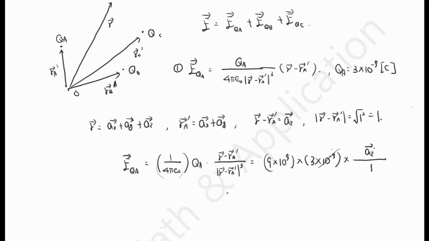The magnitude is 1. So this is 27 AZ vector.